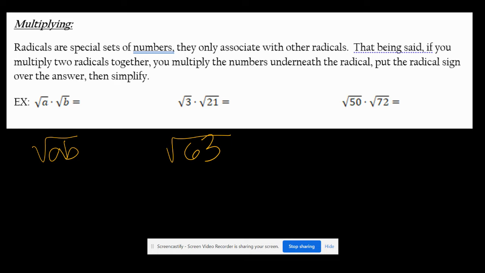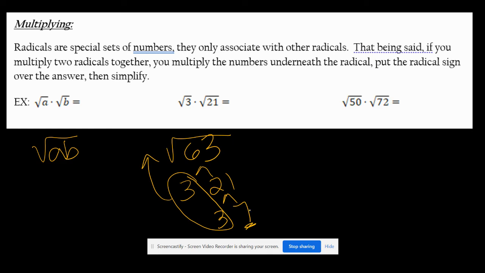Well, this is a number, so we need to check. Can I simplify that? Well, I know that 63 is 3 times 21. 21 is 3 times 7. This is a second root, so we need pairs. So we have a pair of 3s that'll come out, a 7 that stays, and so this would reduce to 3 square root of 7.